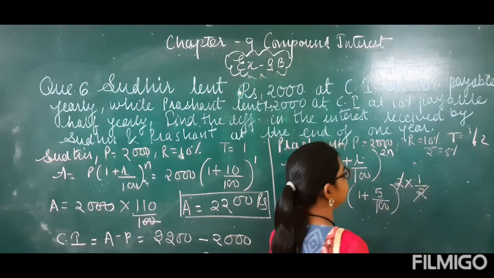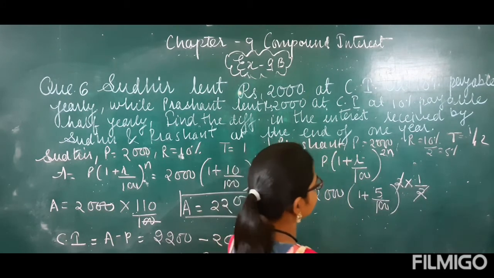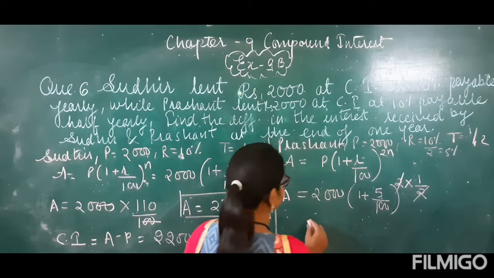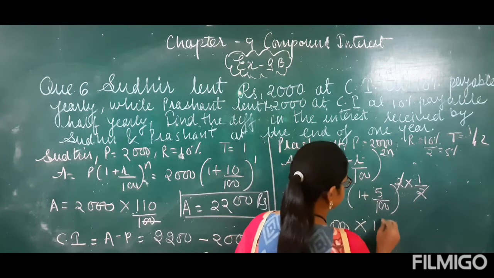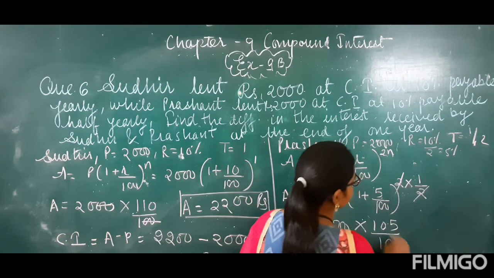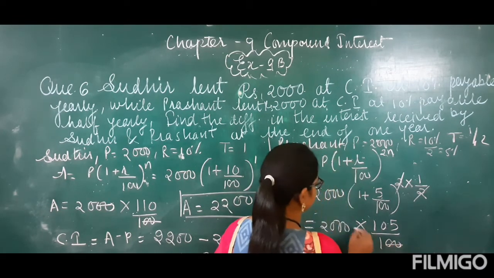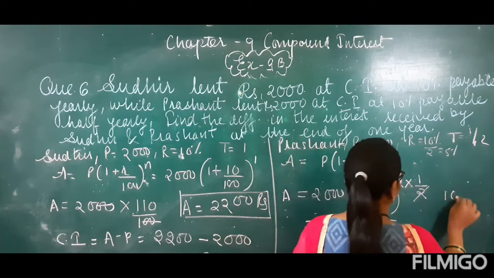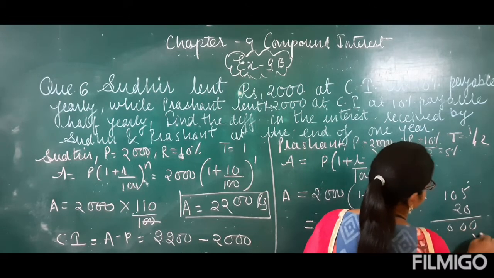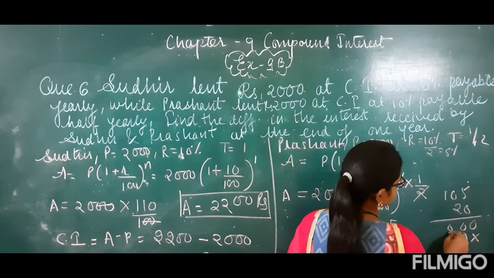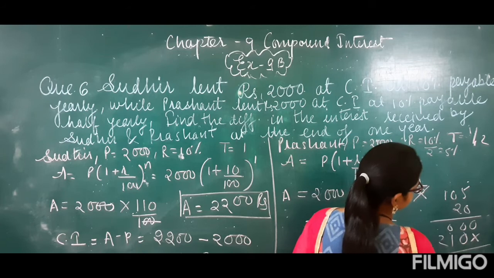So this 2 and this 2 get cancelled. So here you will get n is equal to 1. So from here 2000 into 105 upon 100. From here this 20 gets cancelled. 105 upon 20. You will get 2 5s are 10, 2 1s are 2, 2100.